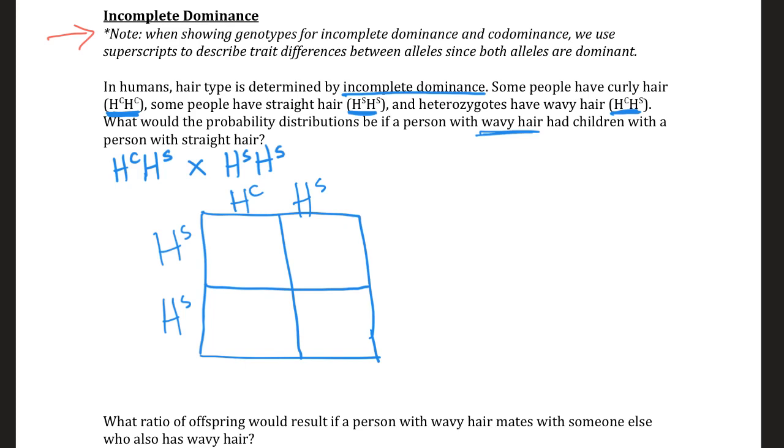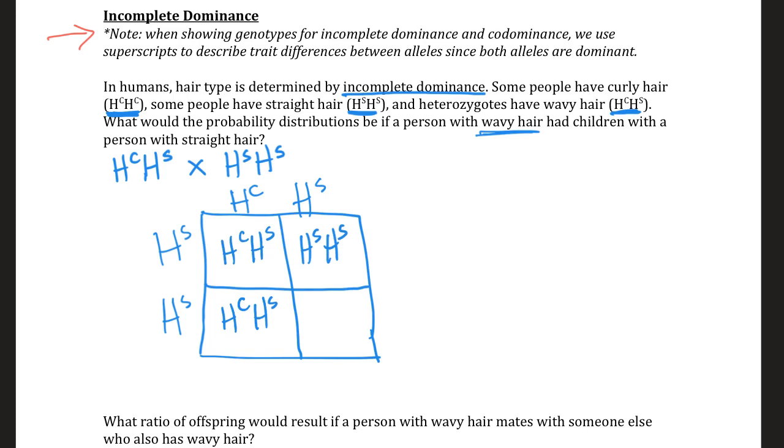So our offspring would be HCHS, HCHS, HSHS, and let's just make sure we keep the letters in the same order. So let's go with alphabetical. So we'll put this as HCHS.